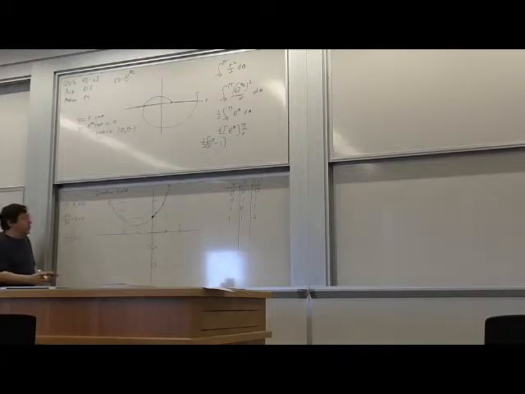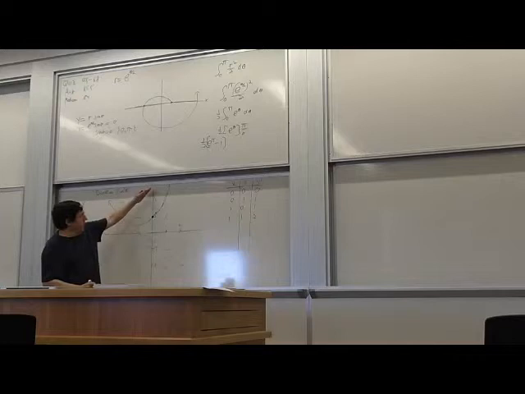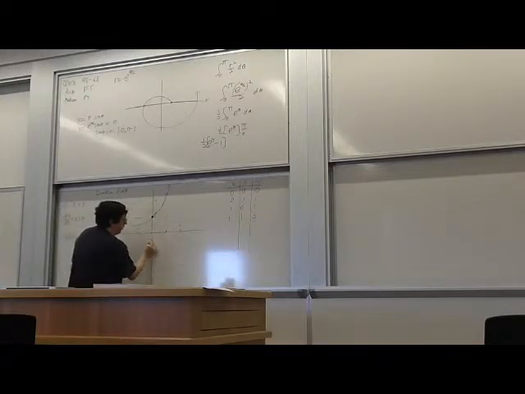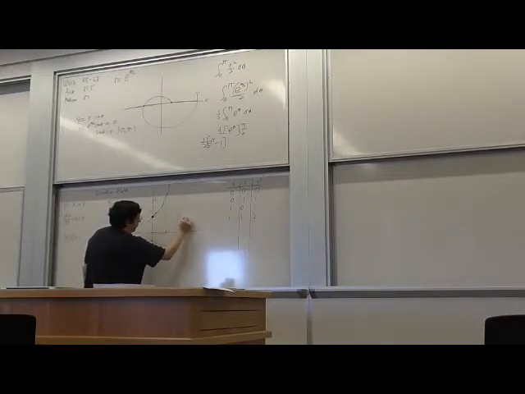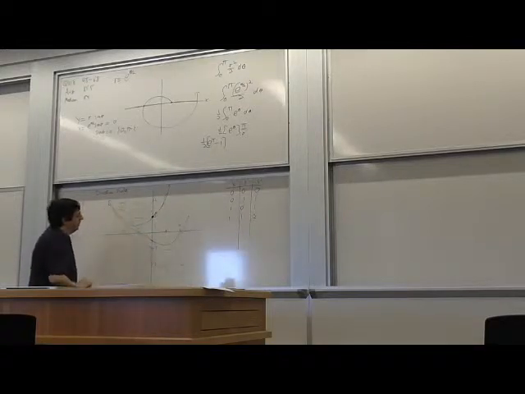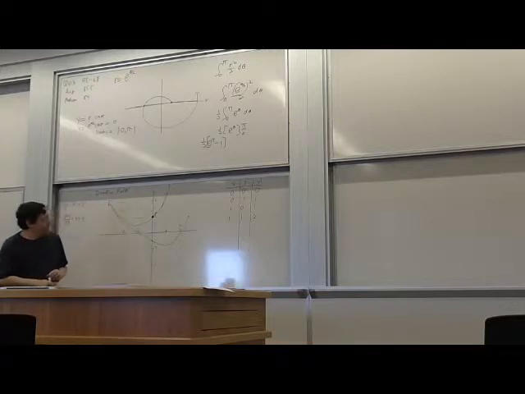So again, we could do this at any point. We could start with any initial condition. So if we start here, it looks like a similar shaped curve, but now it's a little off.